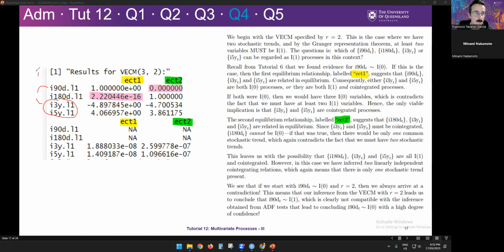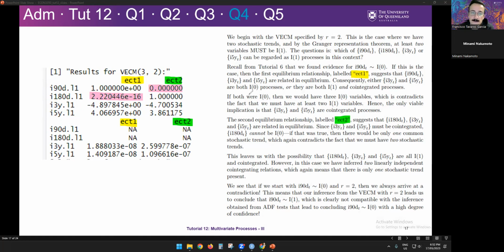And since I90 is an I0, this combination should also be an I0, so they are in equilibrium, which makes you think either both of them are I0 or both of them are I1. This is what is happening when we're trying to interpret the results from this first one, from ECT1. All right, let me clear that one. This is the first part.